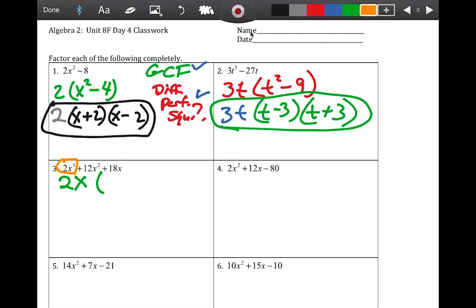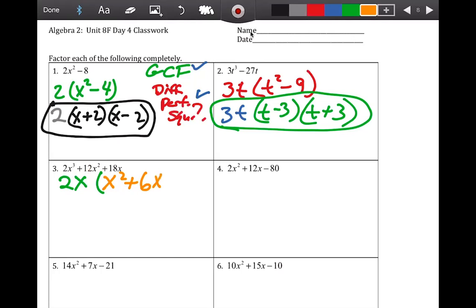Factor this first one. Divide that by 2x. You get x squared. Keep going. You get 6x squared, and you take an x out, it would be just 6x.